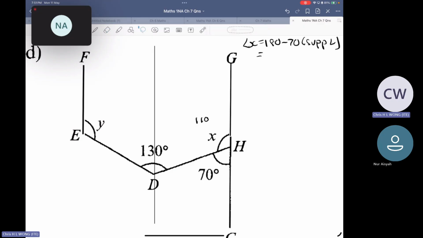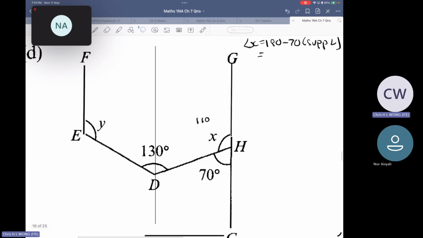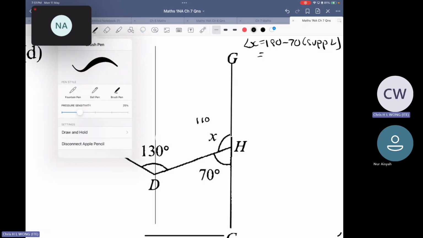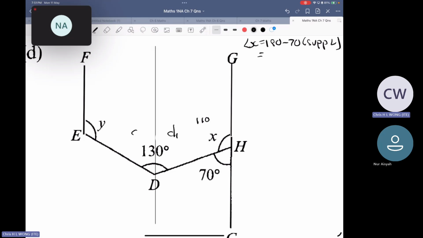So what's the next thing you do? You will have to put D1, D2, right? Can you find D1? This is 110.